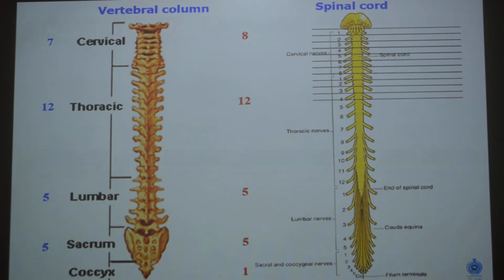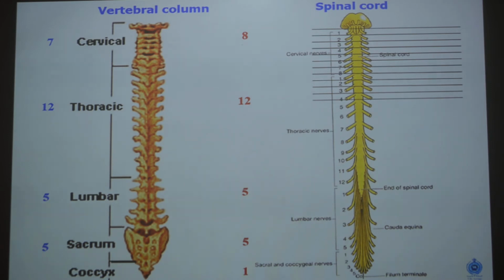So you can see it here. Again, what we are showing is that these are the cervical segments, and you have 8 segments of the spinal cord. And the spinal cord is ending at L1 vertebral level, so there is no way that the vertebral levels are going to correspond with the spinal segments.